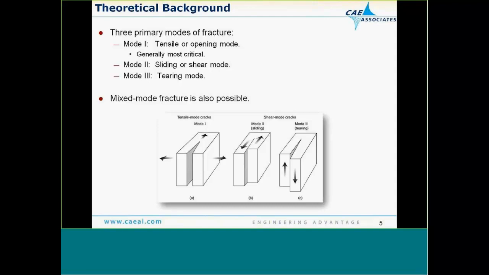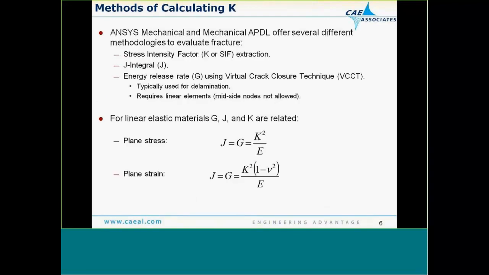You can do mixed mode fracture. A lot of fracture people will claim that in crack propagation, the crack always tends to want to end up in mode 1, so it'll take a path such that it ends up being mostly mode 1 anyhow. That's why we look at it, but there's a lot of mixed mode fracture analysis being done as well.